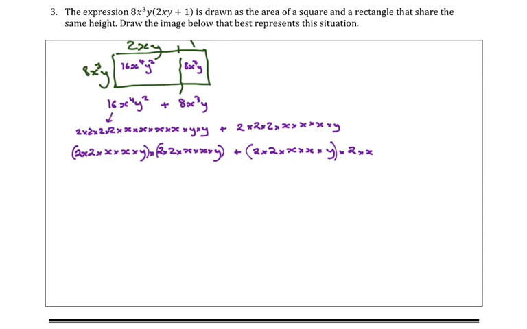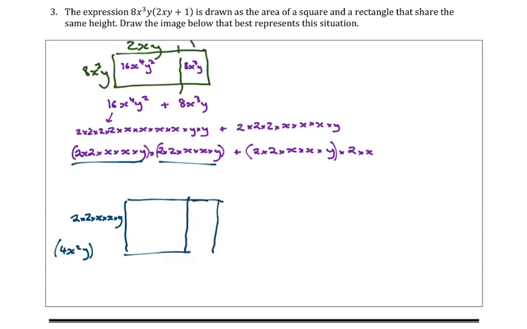So if I've written the first term as two groups multiplied together, this is really a square. It's got the same height and the same width. So the height of this rectangle, this square, is going to be the same as its width.